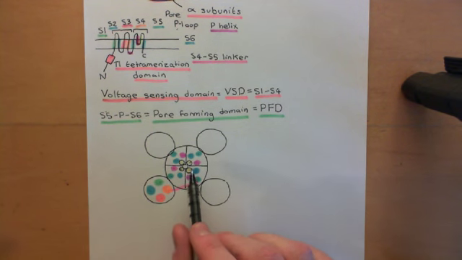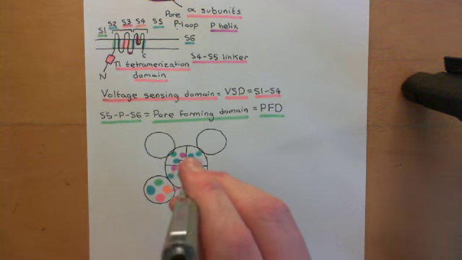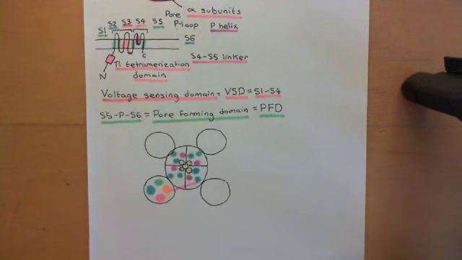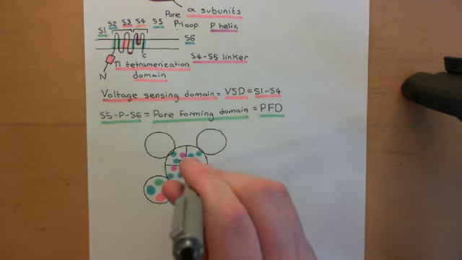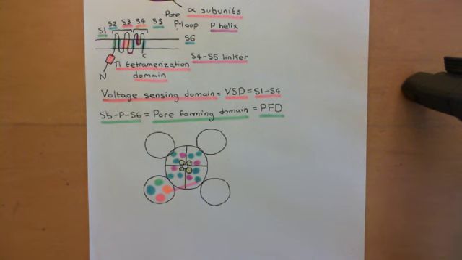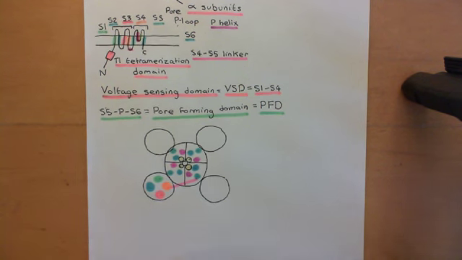Then you'll loop back over and go down into the cytoplasm of the cell again through this S6 membrane spanning alpha helix, which is the portion that lines the pore on the internal aspect. So basically that is how a single alpha subunit in this voltage-gated potassium channel will be positioned.